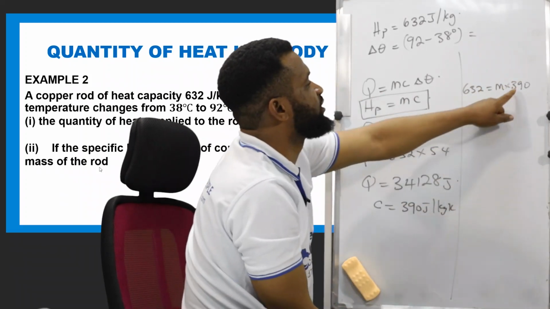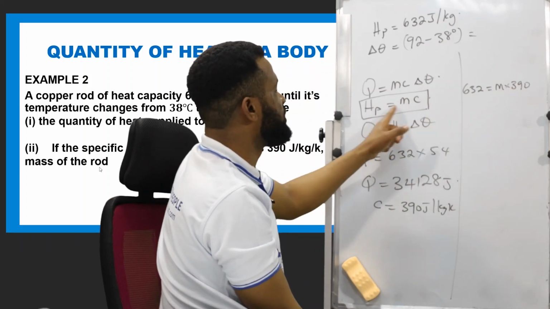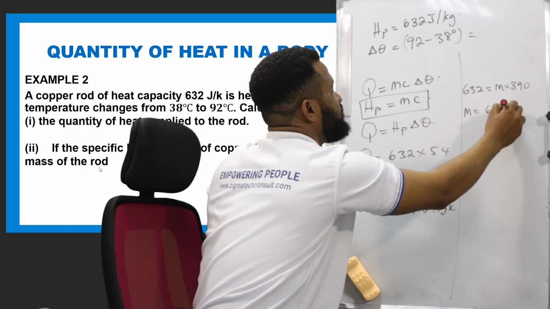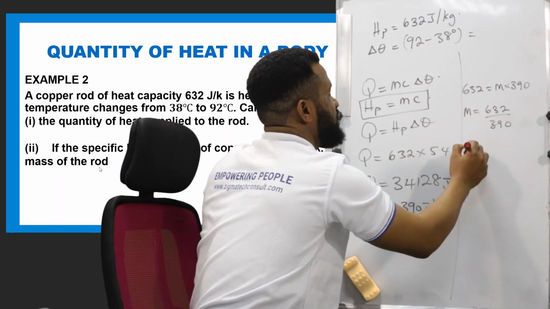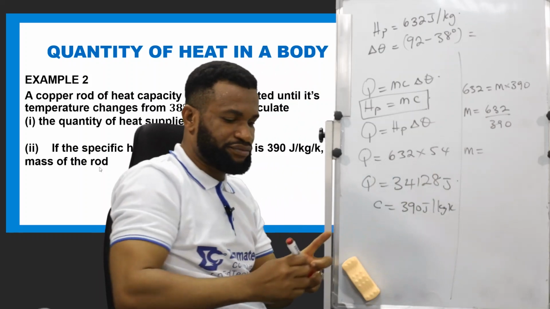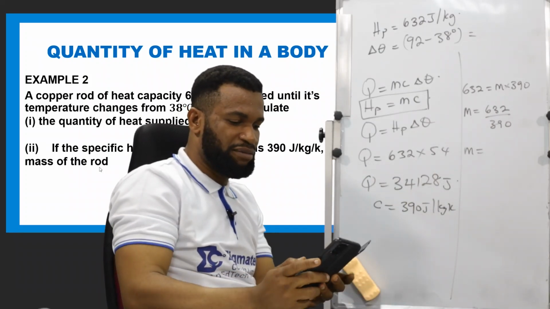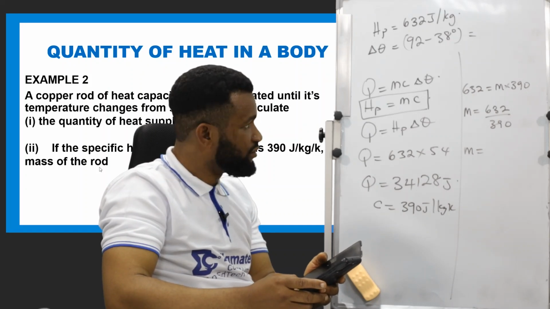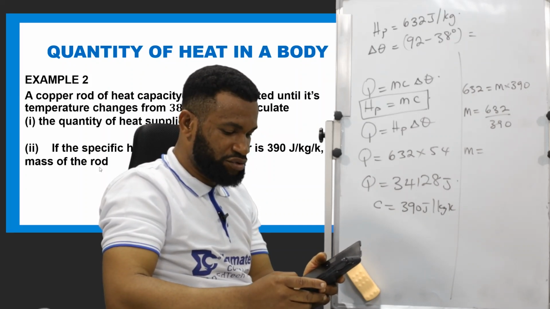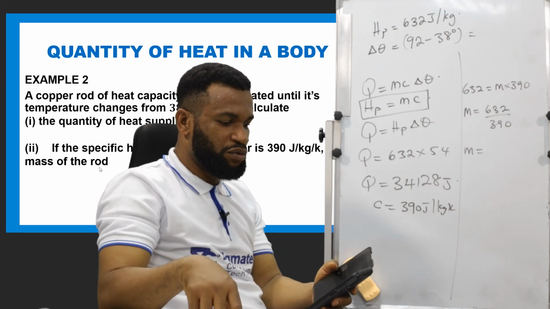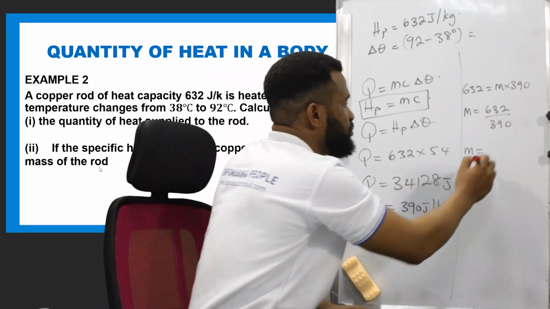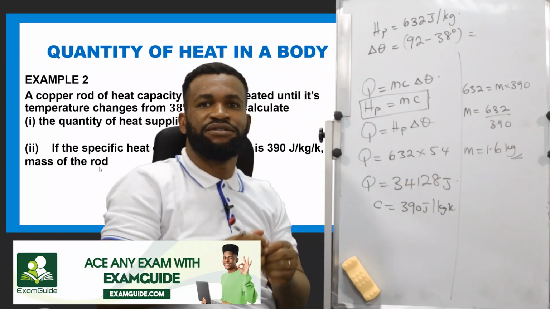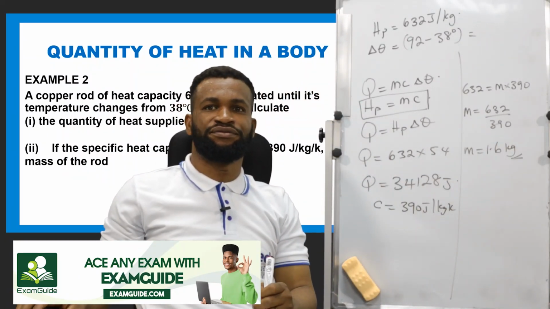Remember, this is the C, which is coming from this relation. So M is equal to 632 divided by 390. M is about 1.6 kilogram. So this is the mass of the rod.